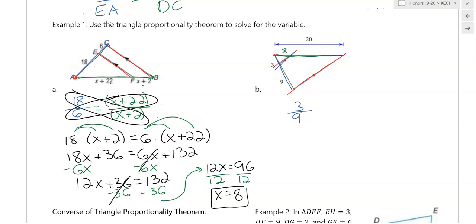And then I have to figure out what this side is. Okay. So this side is, the whole length is 20, but I already did the x. So this is actually 20 minus x, right? I don't want to include that x part. So here I should have x over 20 minus x.